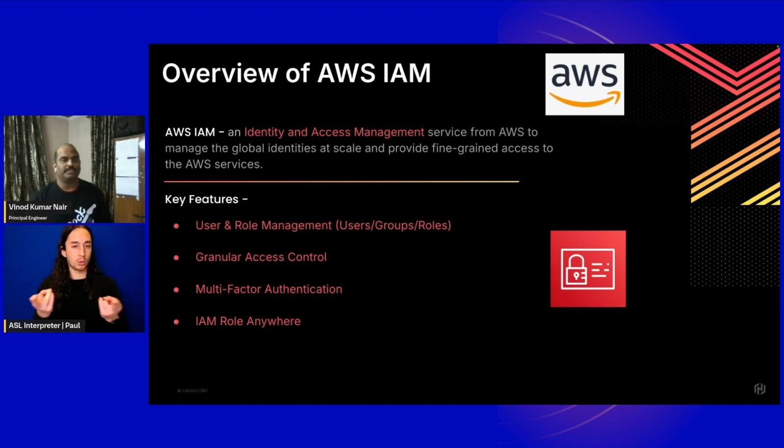Now, there are some features which AWS IAM also offers. You can create users, you can create roles, and you can also create groups. A group is nothing but a group of users, and you can assign a role to that group. As a best practice, you should create only the least privilege permissions to provide granular access.